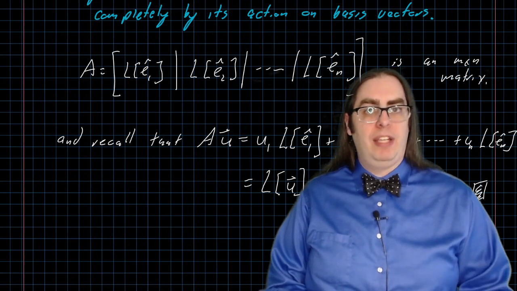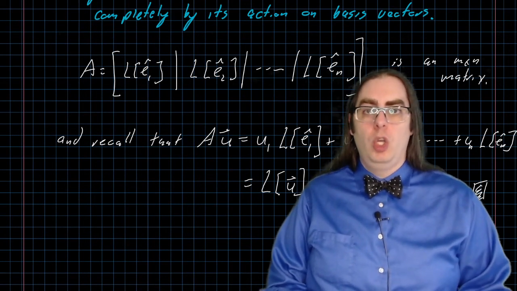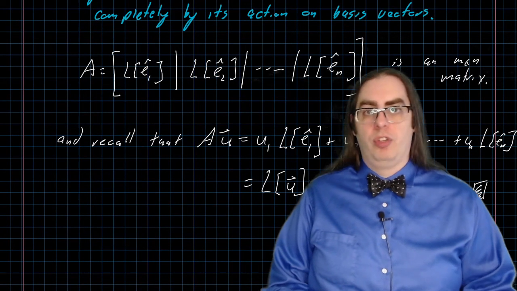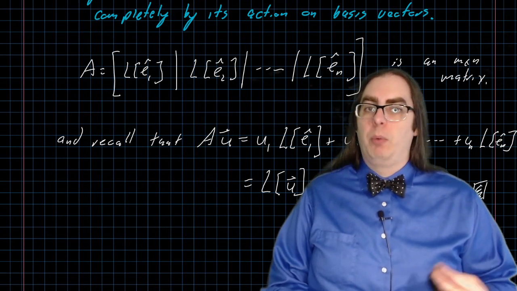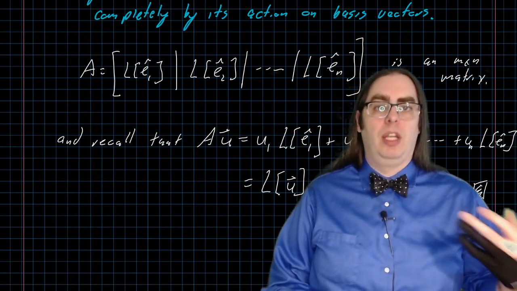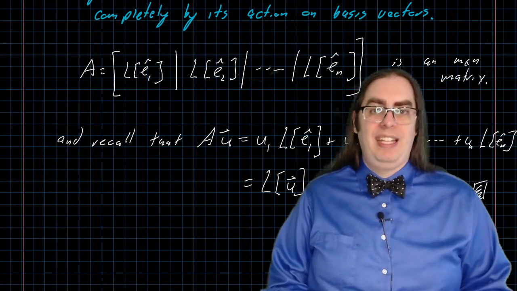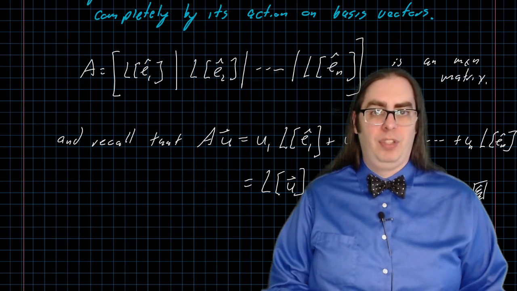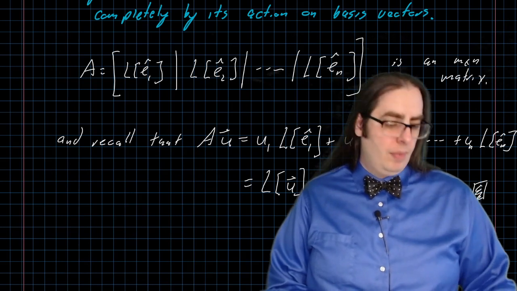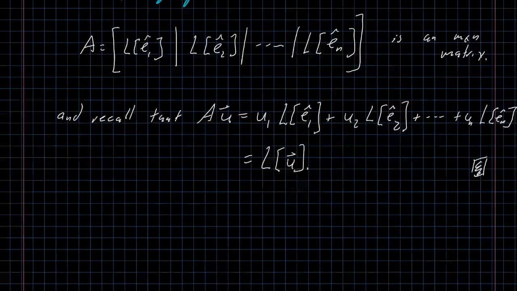We're going to have a transformation we want to work with. We're going to learn what it does to the standard basis vectors, and we're going to use that to write the matrix and use the matrix to calculate the value at other places. That is the entire process and procedure. All right.